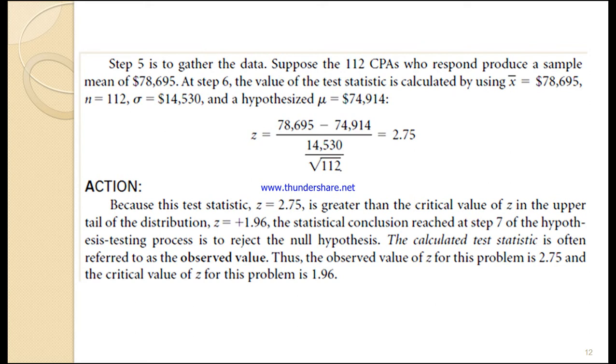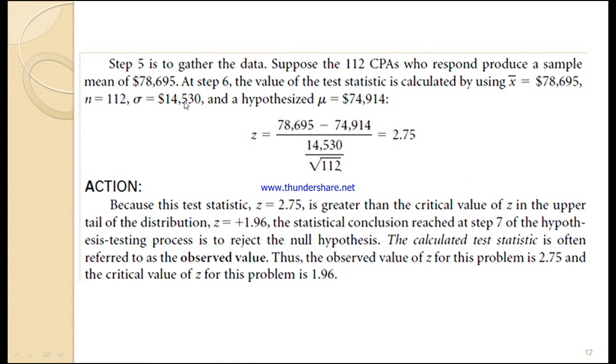Step number 6 will be calculating the test statistic. In order to calculate the observed value of Z, we first need sigma, the population standard deviation.